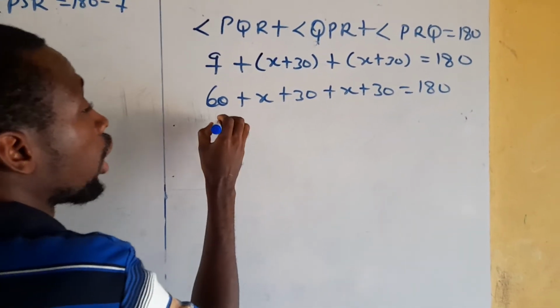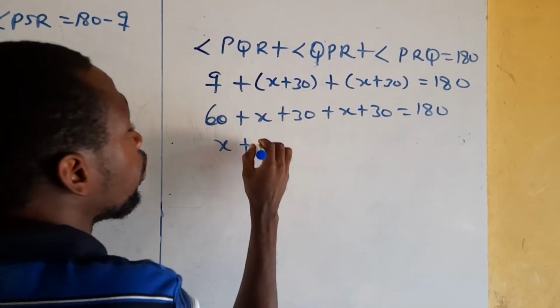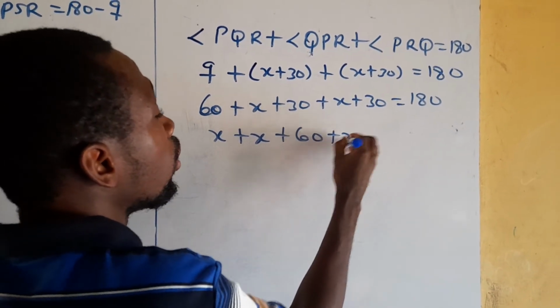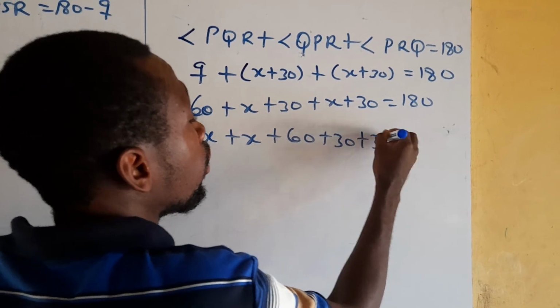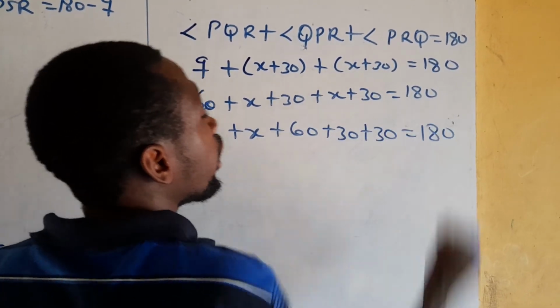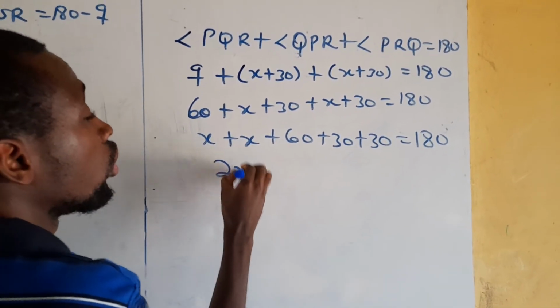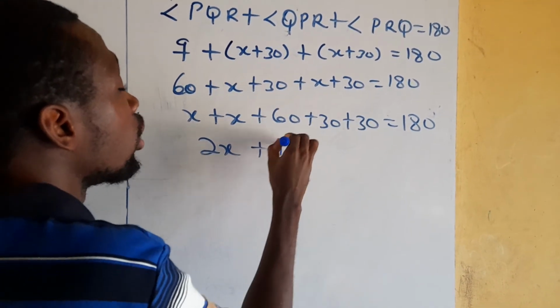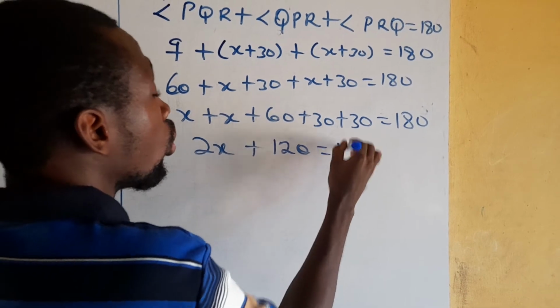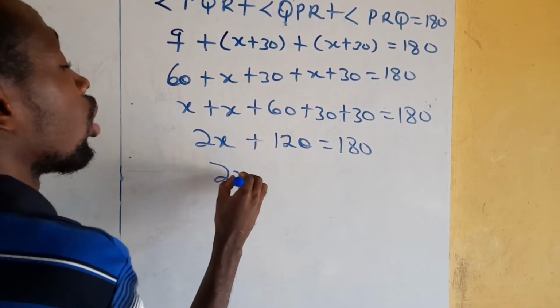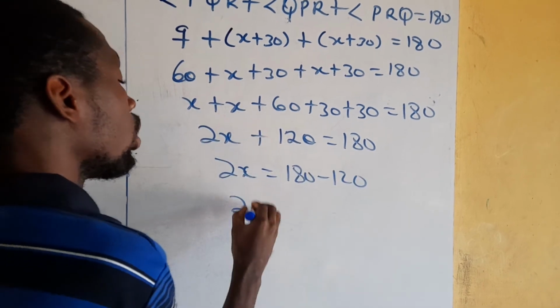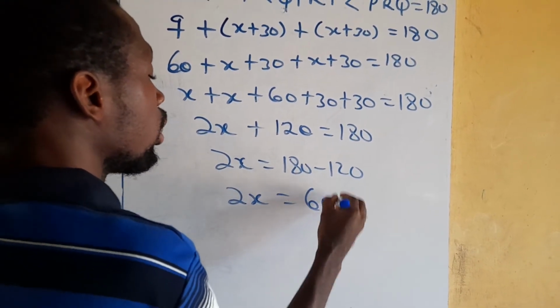So when we group like this, we have x plus x plus 60 plus 30 plus 30 will be equal to 180 degrees. So 2x plus 60 plus 30, 90, 90 plus 30, 120 will equal 180 degrees. 2x will equal 180 minus 120. 2x will equal 60 degrees.